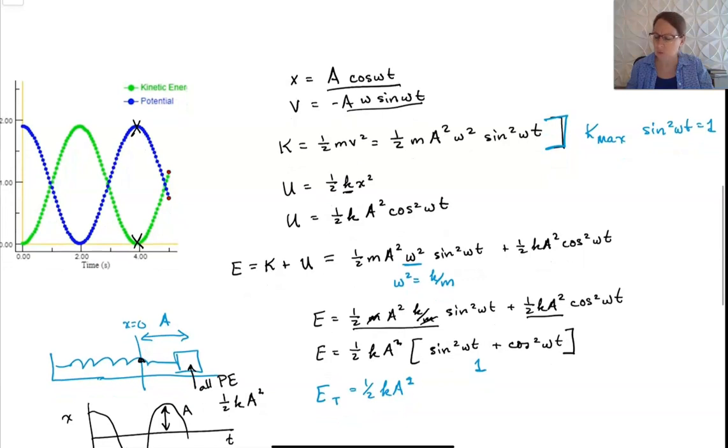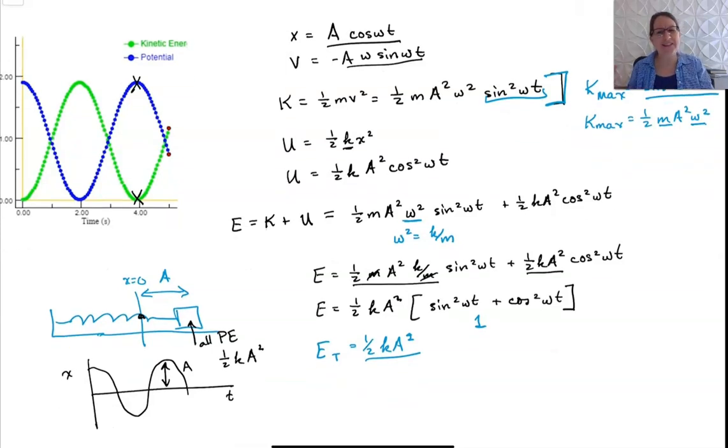Sorry, I was writing under where my picture was, but the maximum kinetic energy is 1/2 m a squared omega squared, which is of course equal to 1/2 ka squared, because m times omega squared is our k value. So this all works, and it's nice and consistent, which I think is very satisfying.